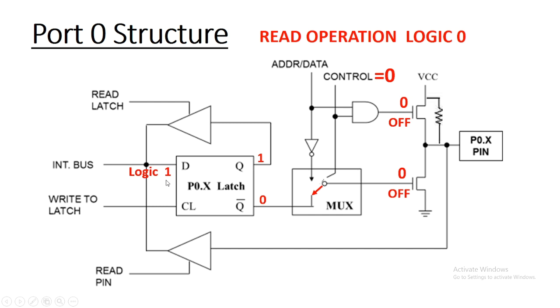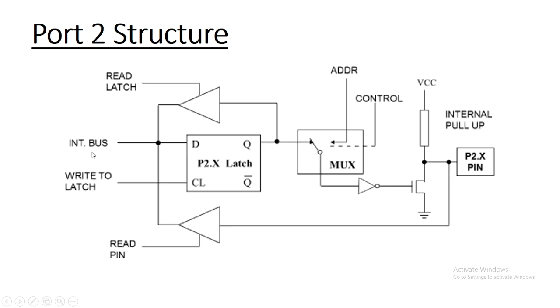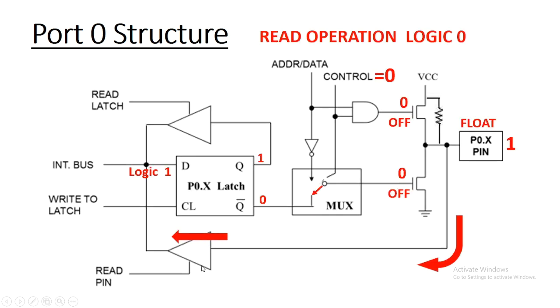Again, because of this logic 1, Q bar is 0 and it is connected to the gate of the second FET, so both FETs are off. So whatever data is present on a port pin will be transmitted to this tri-state buffer, and from there it will be placed on the internal bus of the 8051.